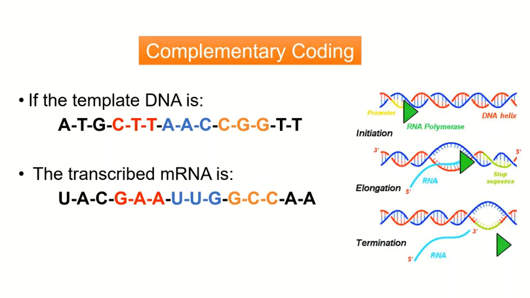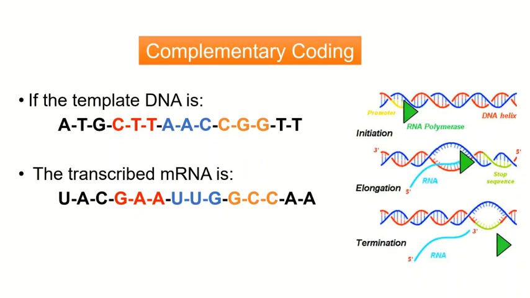You can see that A transcribes U, T transcribes A, G transcribes C, and C transcribes G.